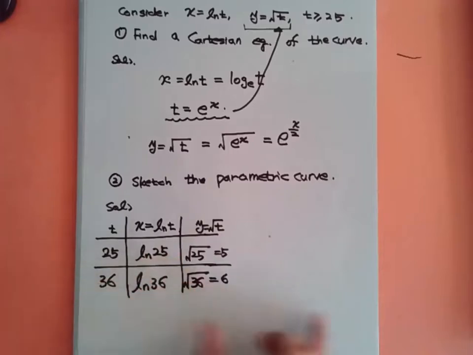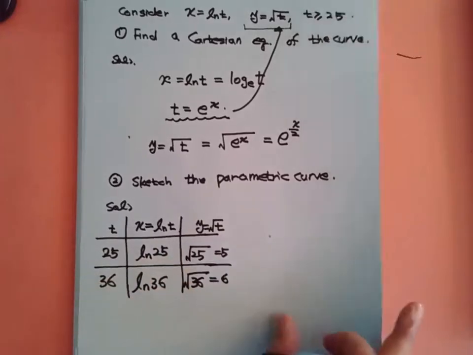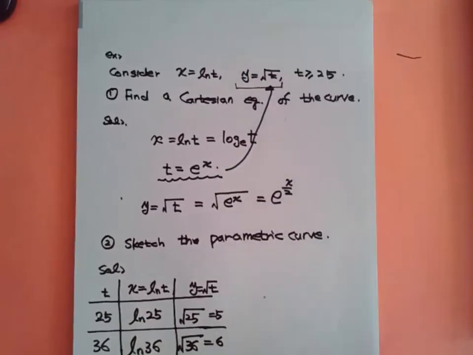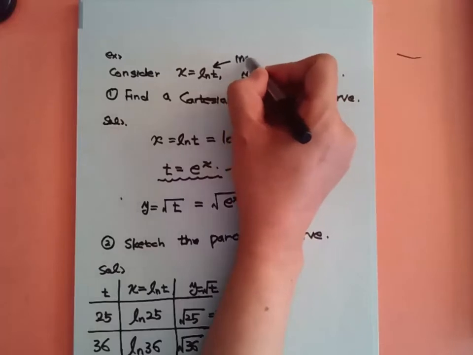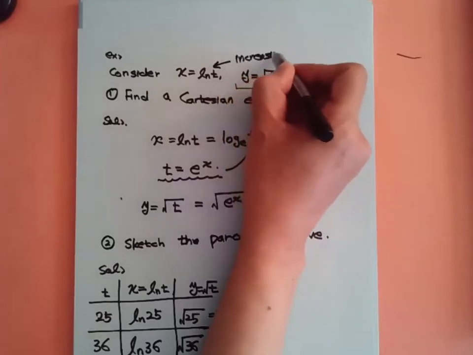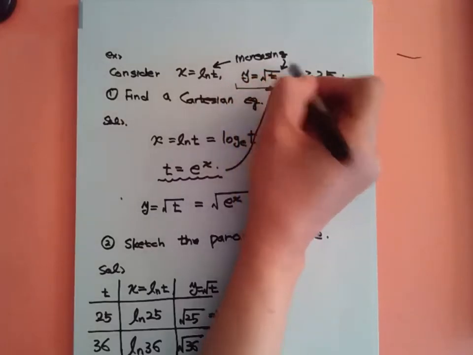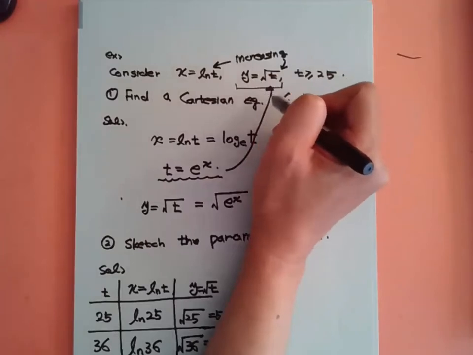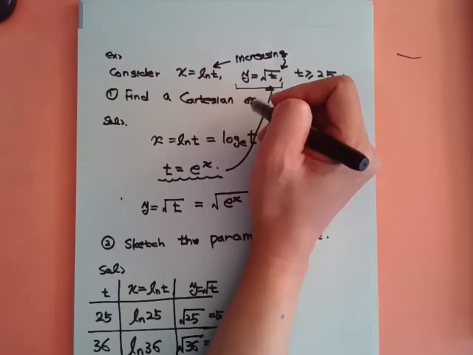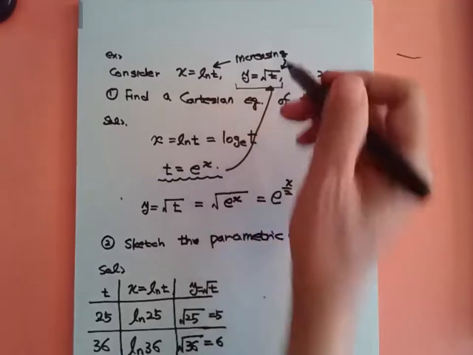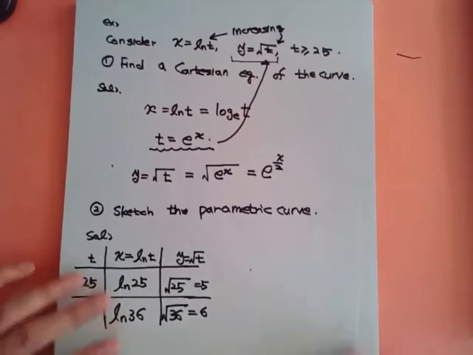Again, the reason I picked only 2 points to denote the direction is because this natural log function is an increasing function, and this square root function is again an increasing function. And so once we decide the direction with 2 points, the pattern will not change because that is a monotonic function.